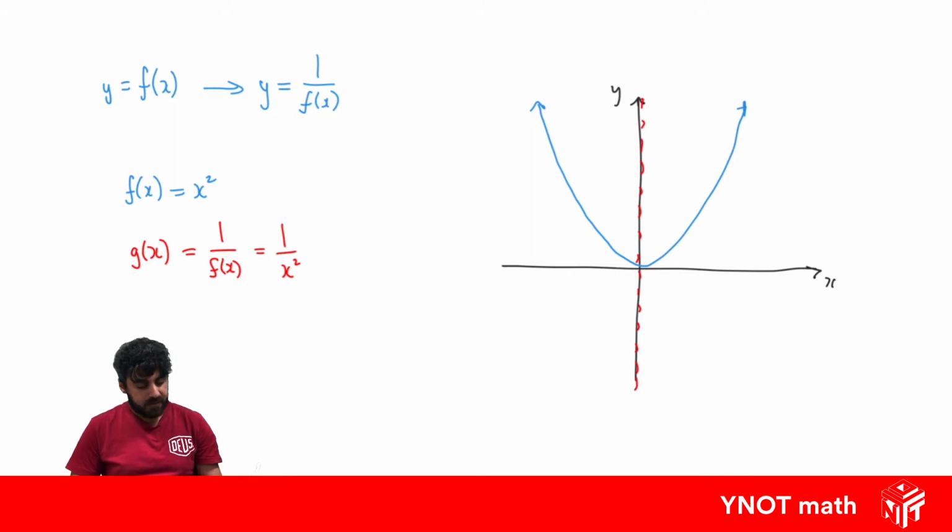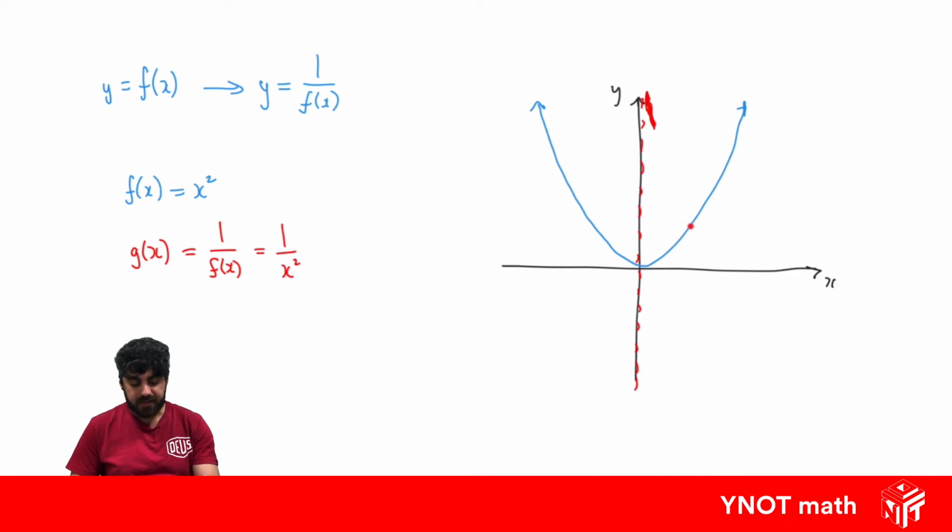Now, let's think about the y value over here. We have a really small y value, and 1 over a really small y value gets a big y value. So we're expecting some part of the curve approaching infinity here, because as it gets smaller and smaller towards 0, this gets closer and closer to infinity.